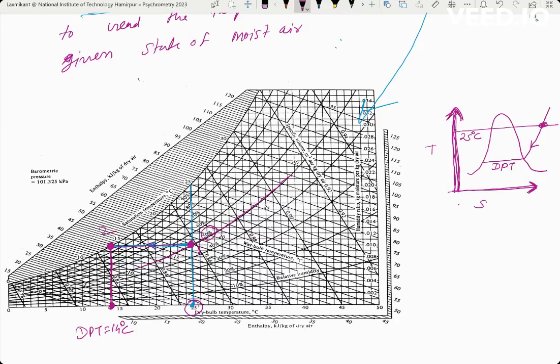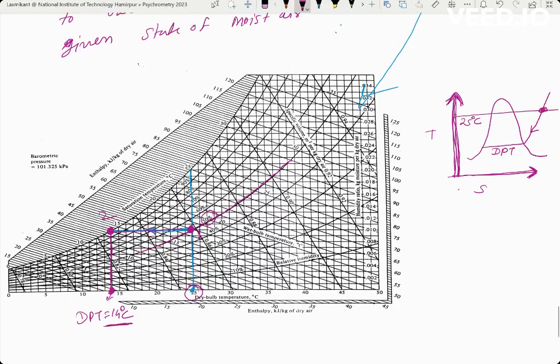We find the dew point temperature from the scale of DBT only. This is 15, so this will be 14 degrees Celsius. This is the dew point temperature for moist air of 25 degrees Celsius and 50% relative humidity.